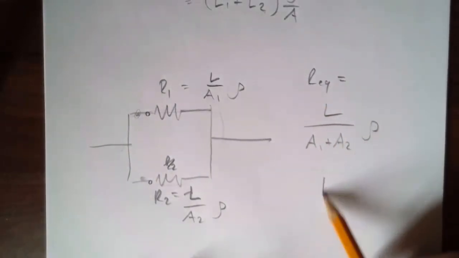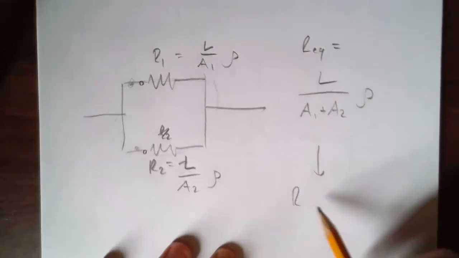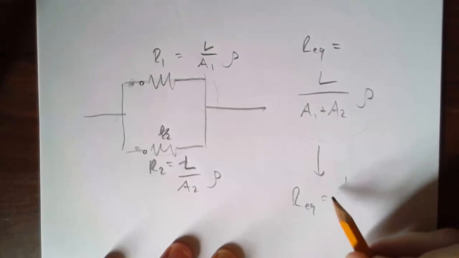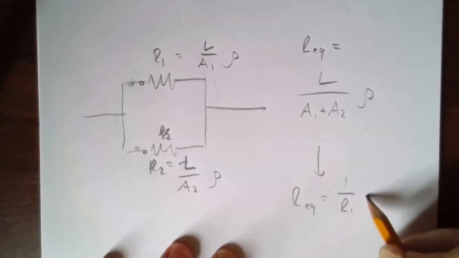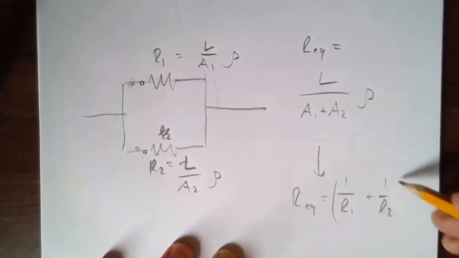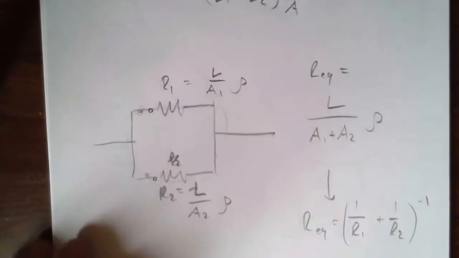And you'll find that we indeed get back that this is equal to 1 over R1 plus 1 over R2. Of course, 1 over this is this, so I'm going to take this to the minus 1. You can check this yourself, the algebra works out here.